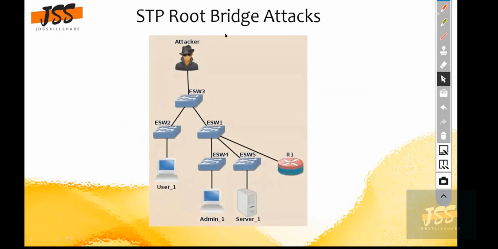So, STP root bridge. I know at this time maybe you are not good enough with STP or the root bridge, but with very layman examples, I'm going to make you understand this.